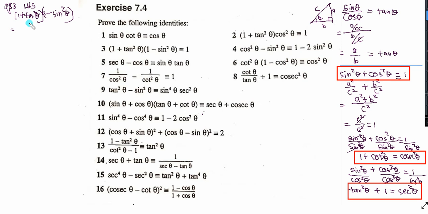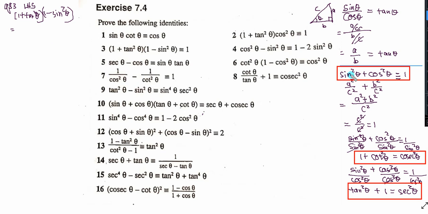Okay, now let's start off. You can use the identity here. You got a tangent square, or you can convert this sine square theta into cosine. Okay, over here is a square term, so now let's look at this.